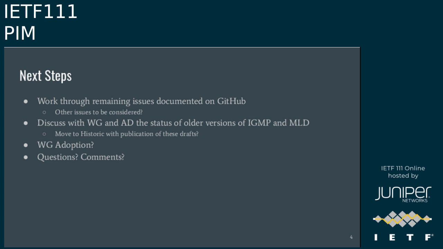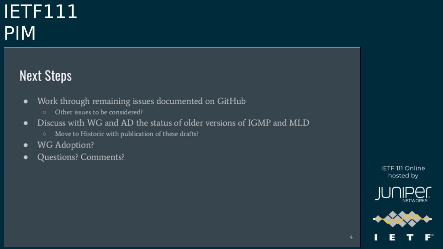Yeah, so in all the sessions I attended, we did not discuss the relationship with the lightweight versions, and I think those are valid issues to add to the issue tracker so that we can actually look at that. Because part of what we have to decide, and the slides allude to it a little bit, is what do we want to do with the actual older versions of IGMP and MLD?